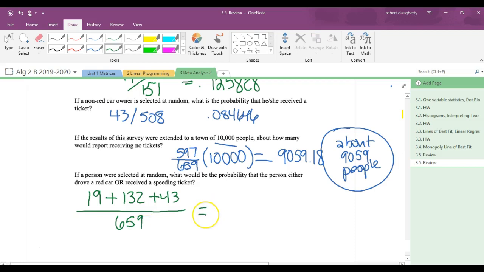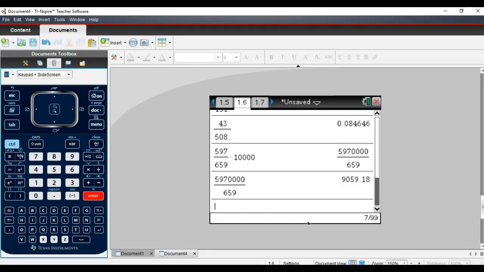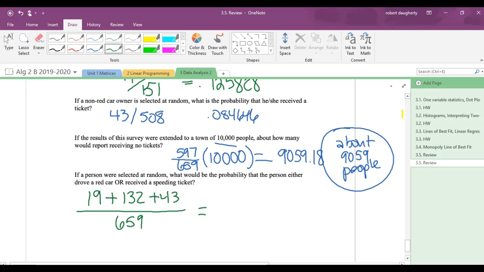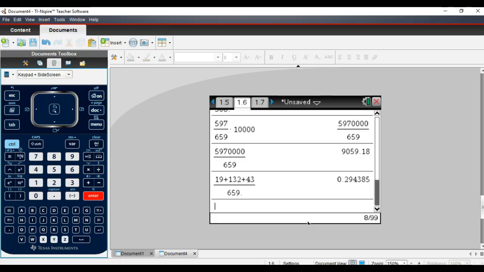And so on my calculator, it's going to be 19 plus 132 plus 43, all of that divided by 659, and 0.249385. Is that right? Okay.